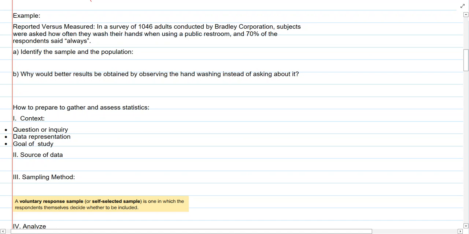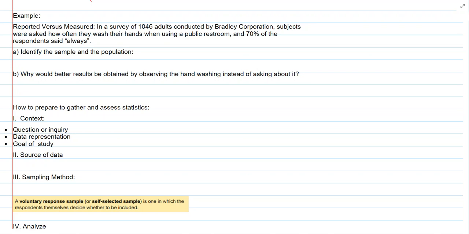In a survey of 1,046 adults conducted by Bradley Corporation, subjects were asked how often they wash their hands when using a public restroom. And 70% of the respondents said always. Well, that's pretty good, you would think. Later, as we study how we collect data, that will come into issue.